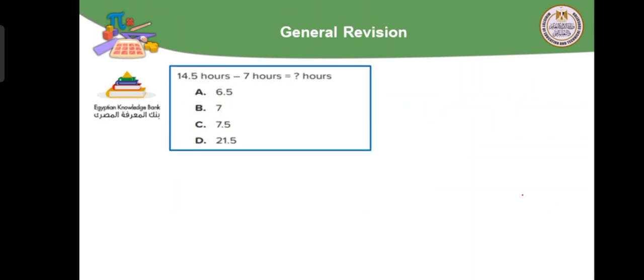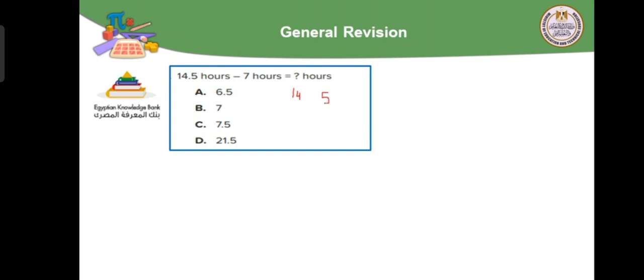Look. 14.5 hours minus 7 hours equals how many hours? With mental math, it will be 7 and 5. 7.5. How can I get it? 14 hours and 5 minutes.